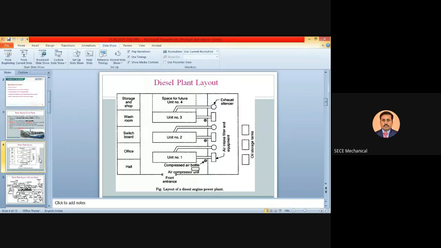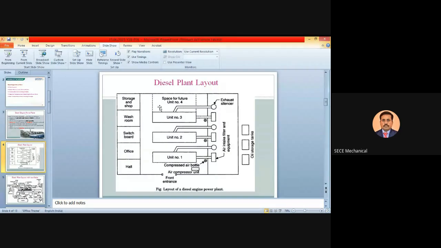In this way, each unit is connected with an air intake filter and equipment, and finally the alternator also, which is nothing but a generator, is connected with each unit. With the help of that alternator, unit 1 produces one amount of power, unit 2 another amount of power.